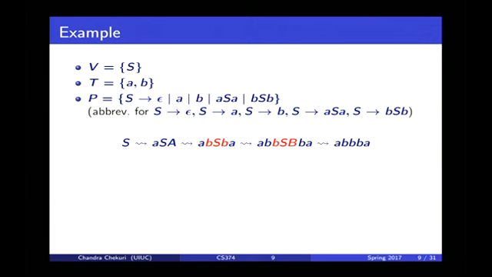So we can replace S with aSa, with a small a. Now this S can again be replaced, because it's a non-terminal which generates things. We can replace this with bSb.